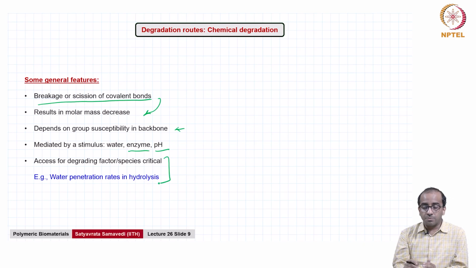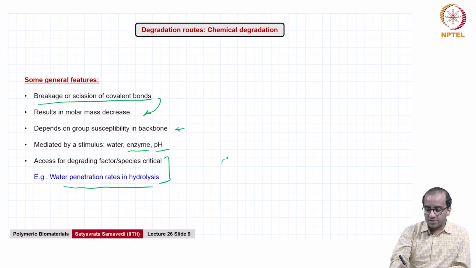What is critical in all of these things, as we have repeatedly highlighted, is the access for the degrading factor or the species, either water or enzyme, if it is an enzymatically driven degradation mechanism, to the functional group for it to degrade, right. So, water penetration is a very, very important aspect for water to eventually cause hydrolysis, right. This is even important in drug release.